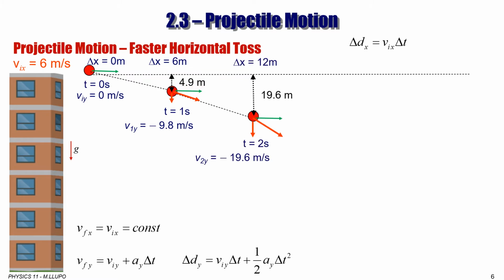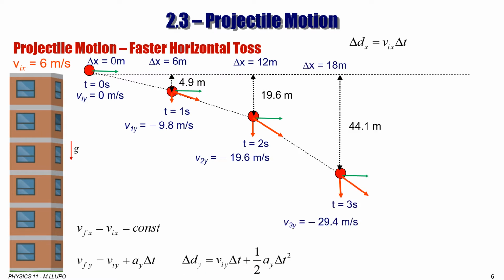After another second, horizontally it is going to change by another 6 meters, from 6 to 12, but vertically is not going to make any difference as before, so the rate of change is going to continue for velocity at 9.8 meters per second per each second. Now it's going to reach 19.6, and the displacement using that formula is going to be 19.6, and you already have seen that before.